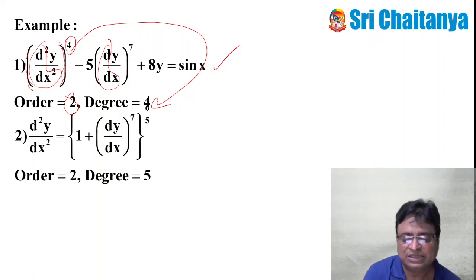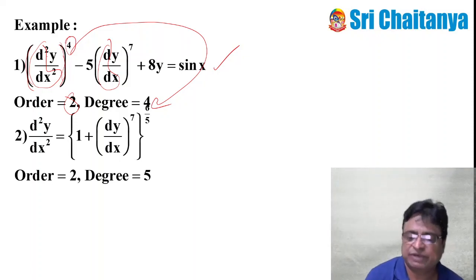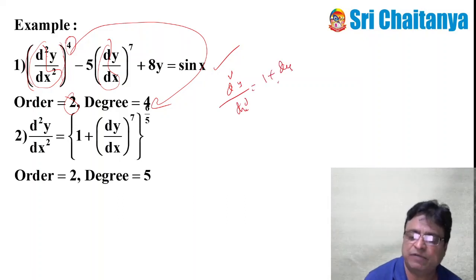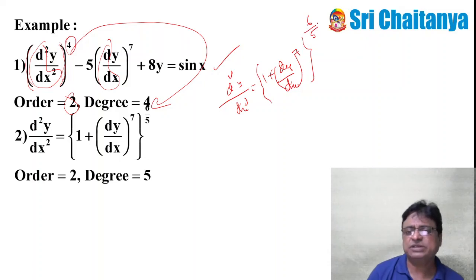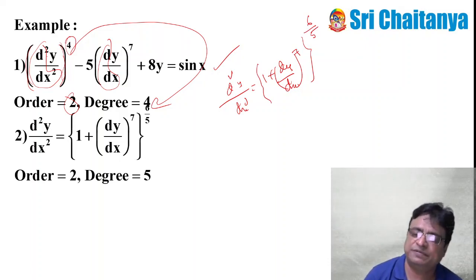Coming to example 2. Suppose d square y by dx square equals (1 plus dy by dx whole power 7) whole power 6 by 5. This is the question given for you. First of all, this is not in the form of a polynomial in terms of the differential coefficients. Thereby what to do? Raise to power 5.